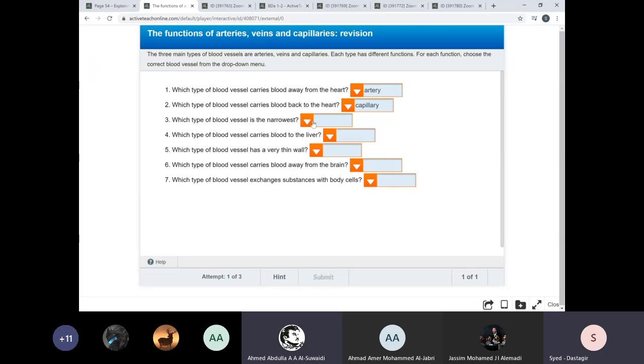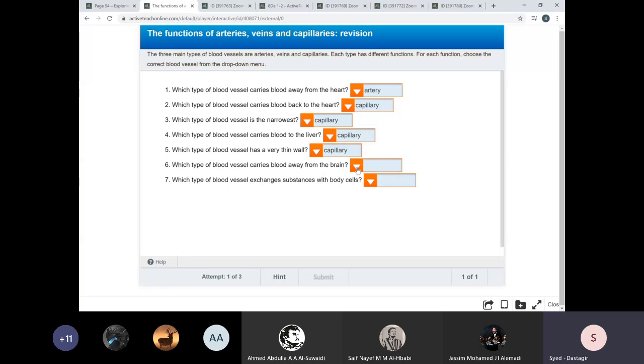Means like the smallest one. Capillary. Okay, thank you. Which type of blood vessel carries blood to the liver? I think capillary. Okay. Khalaf, which type of blood vessel has a very thin wall? Capillary.